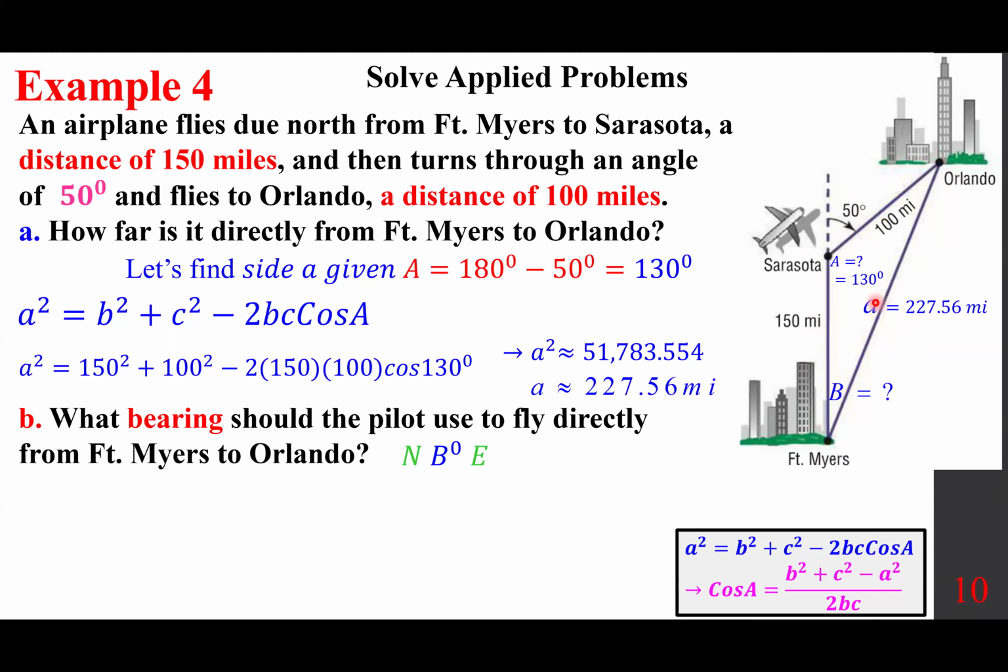This one is squared plus this one is squared minus 2 times this one times cosine of B. So 100 squared, the side opposite B, equals the two sides, 150 squared plus 227.56 squared, then minus 2 times the product of the two, 150 and 227.56, and cosine B. So this is one way to do that, and I'm going to assume everybody can easily finish that.